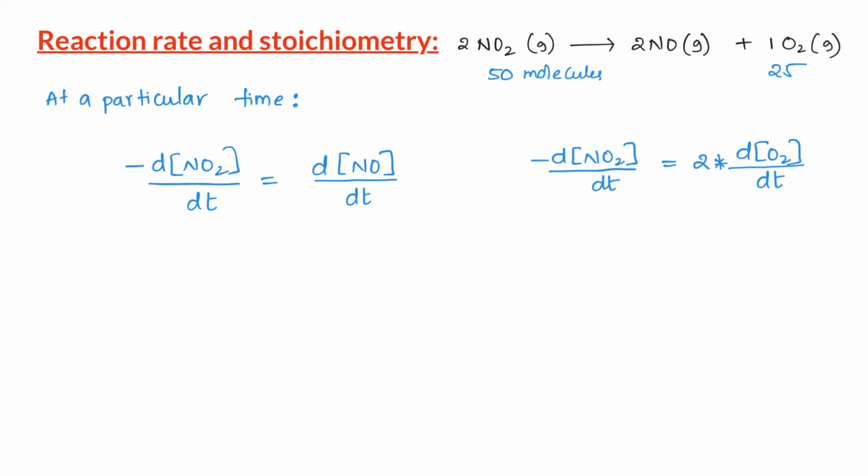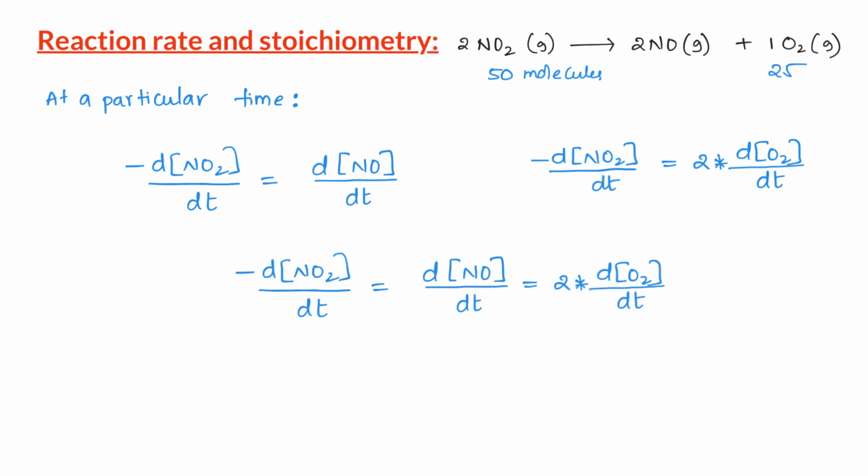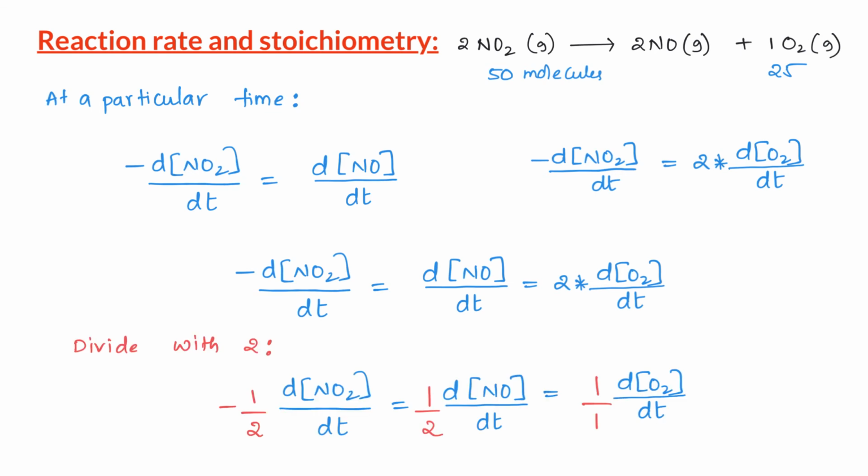Minus d concentration NO2 divided by dt is equal to 2 times d concentration O2 over dt. If we combine both the equations, we get minus d concentration NO2 over dt is equal to d concentration NO over dt is equal to 2 times the d concentration O2 over dt. Let us divide the entire equation by 2.